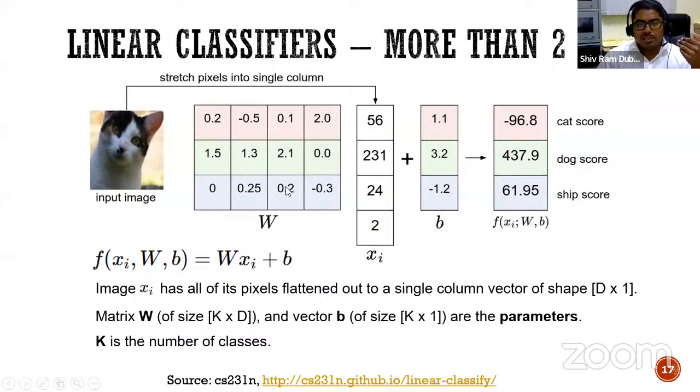After initializing, we do the forward pass of the network with some samples, and we compute the loss. Based on the loss, we also compute the gradient of our loss function with respect to all these parameters. Using that gradient information, we update these values, and that is called the gradient descent optimization technique.